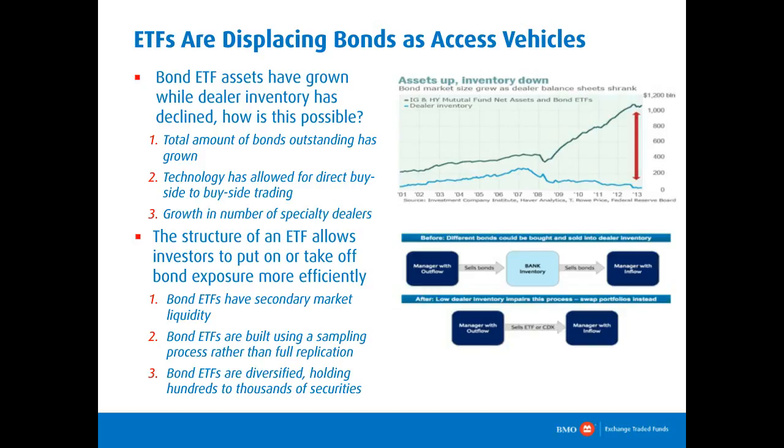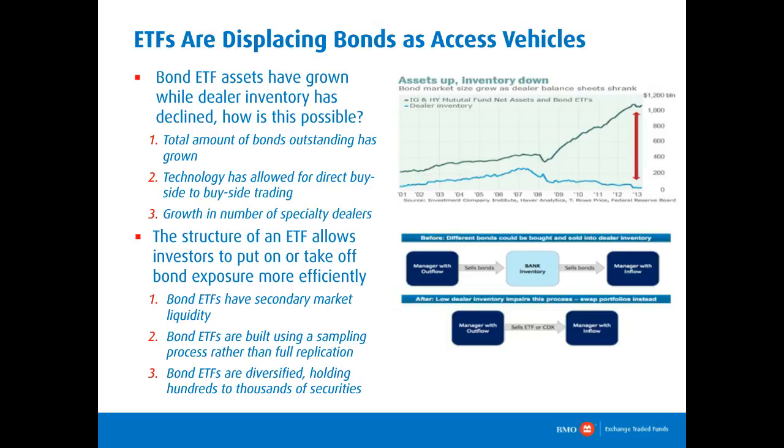And what we're seeing now is that fixed income ETFs are displacing individual bonds as a means to access the underlying bond market. So we talked about the secondary market liquidity, which makes them more efficient as access tools. But if you look at the structure of a fixed income ETF, it's very different from an equity-based ETF.